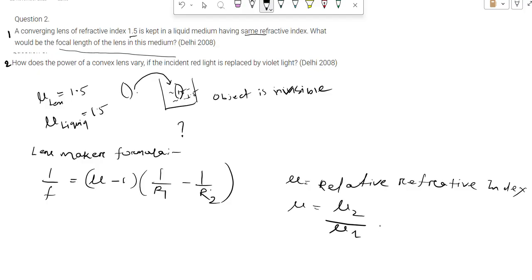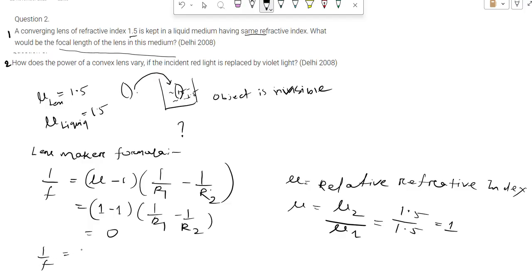Here both the lens and the liquid have the same refractive index, so 1.5 by 1.5 is 1. Your relative refractive index is 1, so (1 minus 1) into (1 by R1 minus 1 by R2) is 0. So 1 by f is 0, which means the focal length f is infinity.